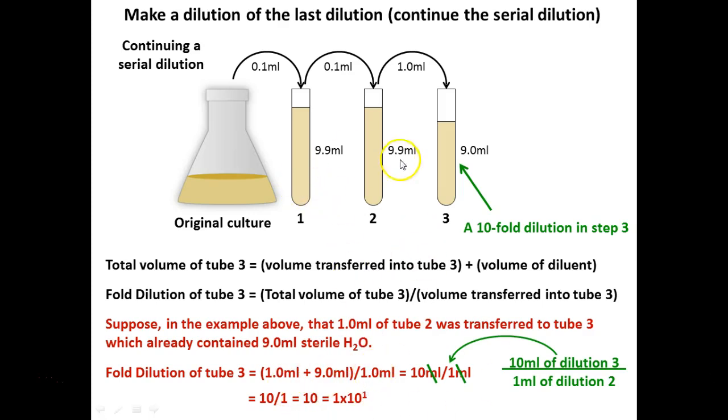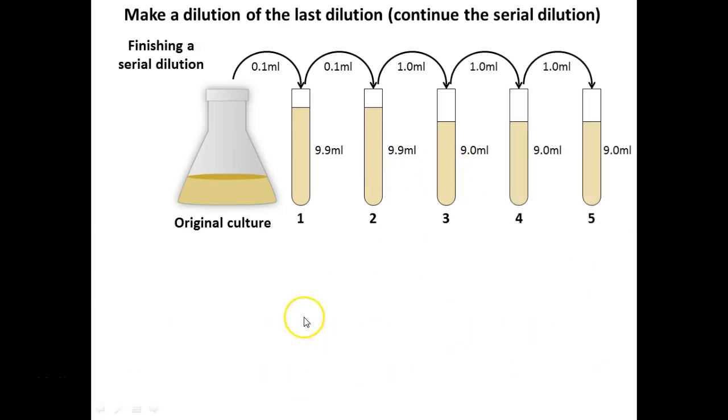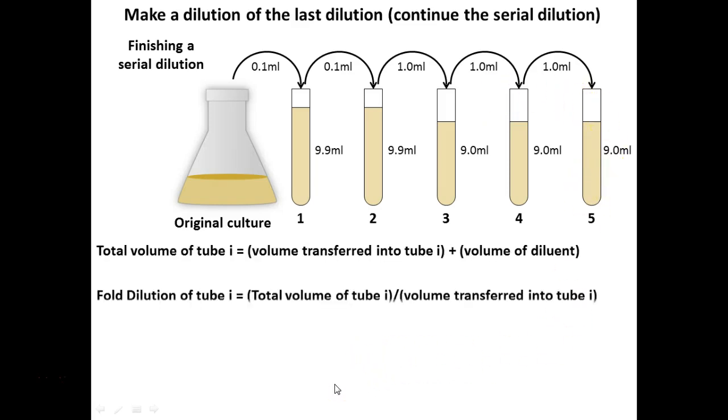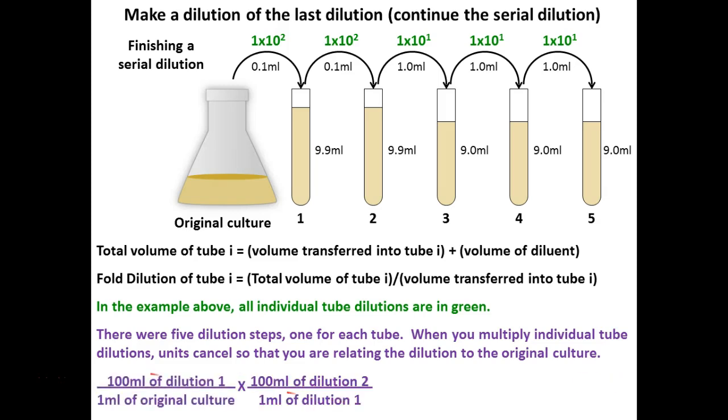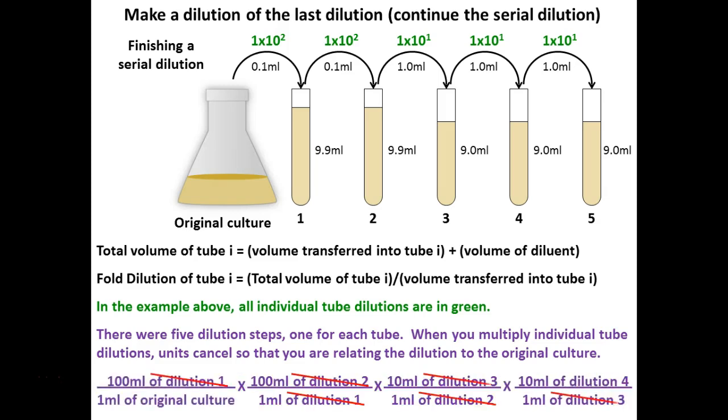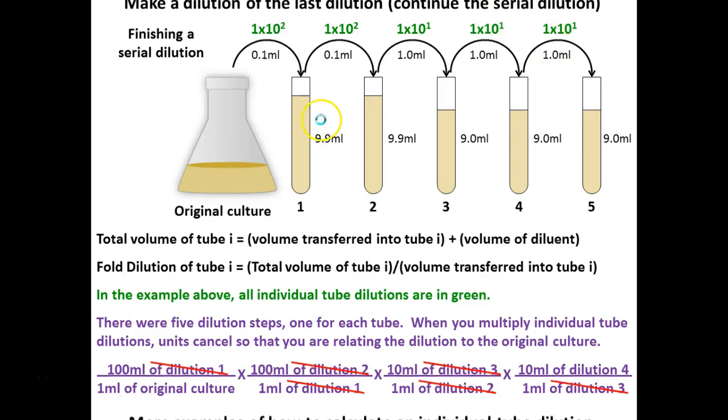So we did 100 times, and 10 times dilute. And then in this example, we can continue on with 10-fold dilutions. So as you can see, 100 times dilution, 10 times, 10 times, 10 times. So that's individual tube, right?